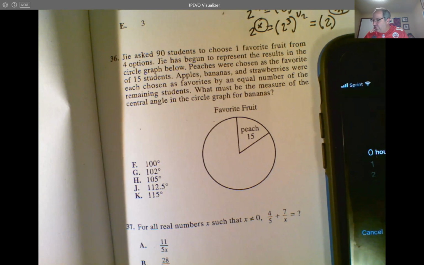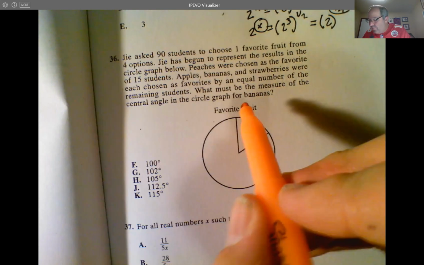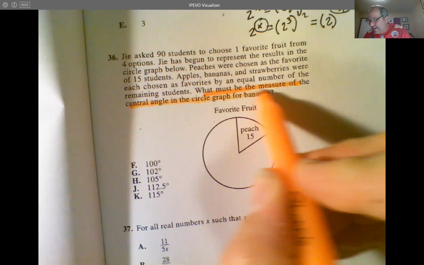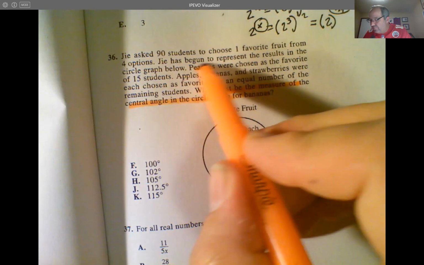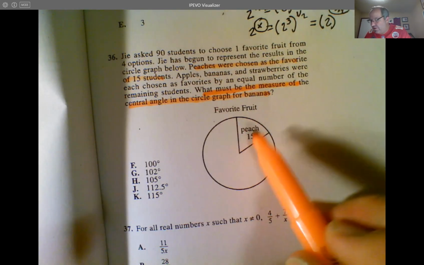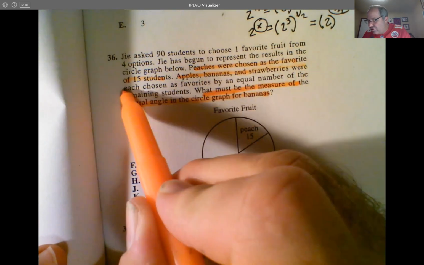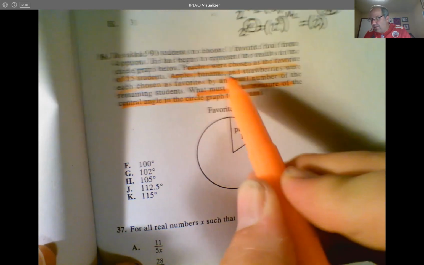Yes, there is so much stuff going on in this question. First off, they want to know what must be the measure of the central angle for a circle containing bananas. Now, they did say that peaches were chosen as the favorite of 15 students, and we can see that 15 people chose peach. And then apples, bananas, and strawberries were each chosen as favorites by, here's the key right here, an equal number of remaining students.